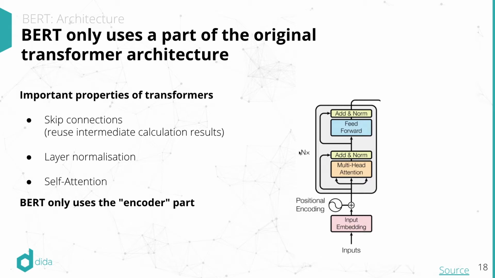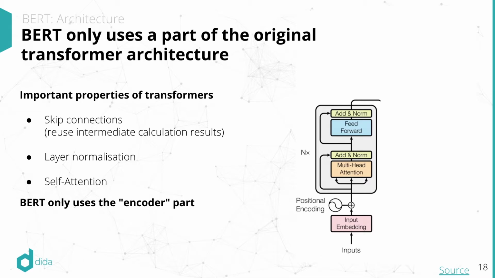And then we have this NX on the left, which means that this whole process of attention and feed-forward network is repeated multiple times, and what we get out in the end is an embedding for my input words, which assigns words a position in space as we have seen before.